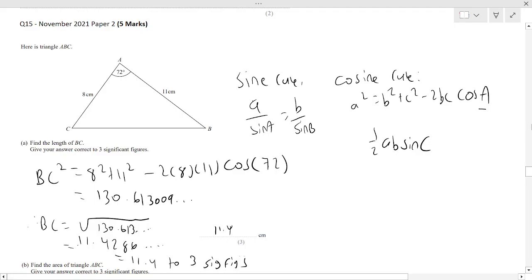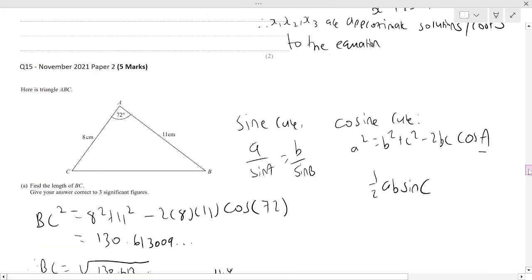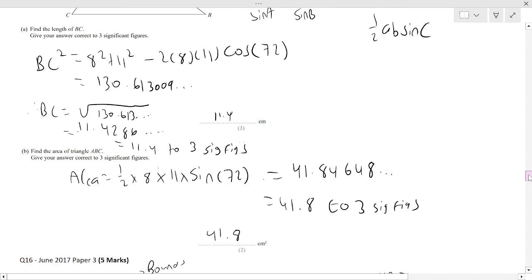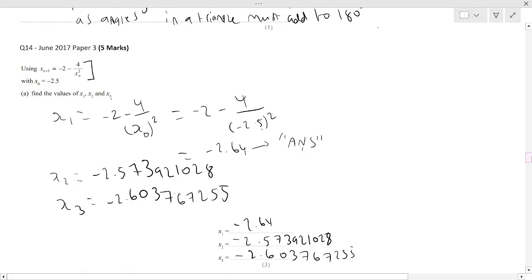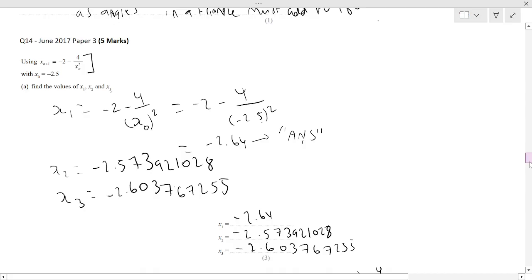11.4 and 41.8. Cool. One. -2. Yeah, that's right.